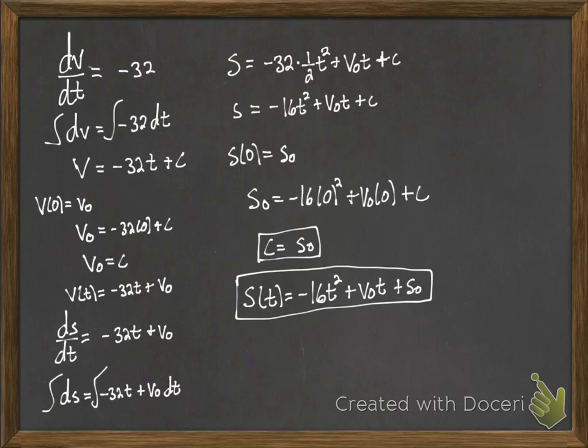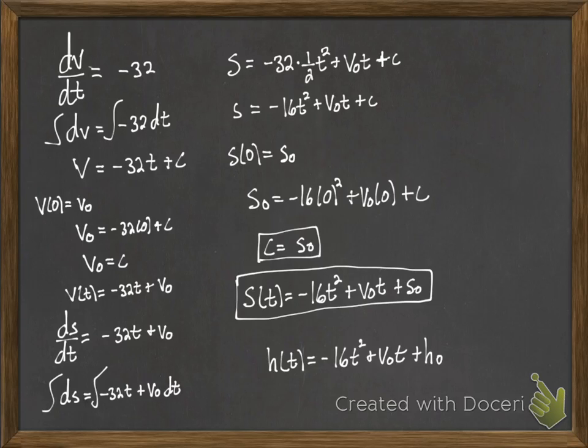Now s0, that's kind of the physicist way of writing position. I'll be honest, when I deal with this, since it's height, I prefer to write h of t, and have h of t equal to negative 16t squared plus v0t plus h0 when I'm talking about height above the ground.